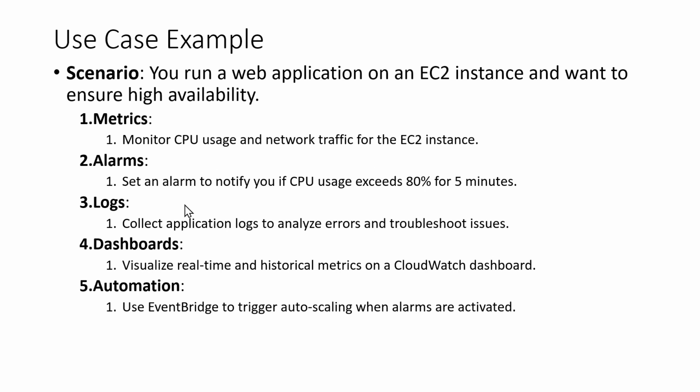Thereafter we set up the alarm: set an alarm to notify if CPU exceeds 80% of its utilization. It checks every 5 minutes whether my CPU has reached 80% utilization.